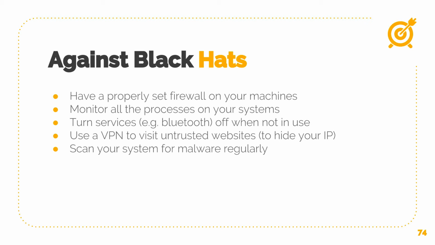You need to turn off services that you do not use frequently, such as Bluetooth, especially when they're not in use, because these services open doors to your computer. You should use a VPN to visit untrusted websites so that they don't learn your IP address. And you have to scan your system for malware regularly because a lot of malware can make your system more vulnerable to future attacks.